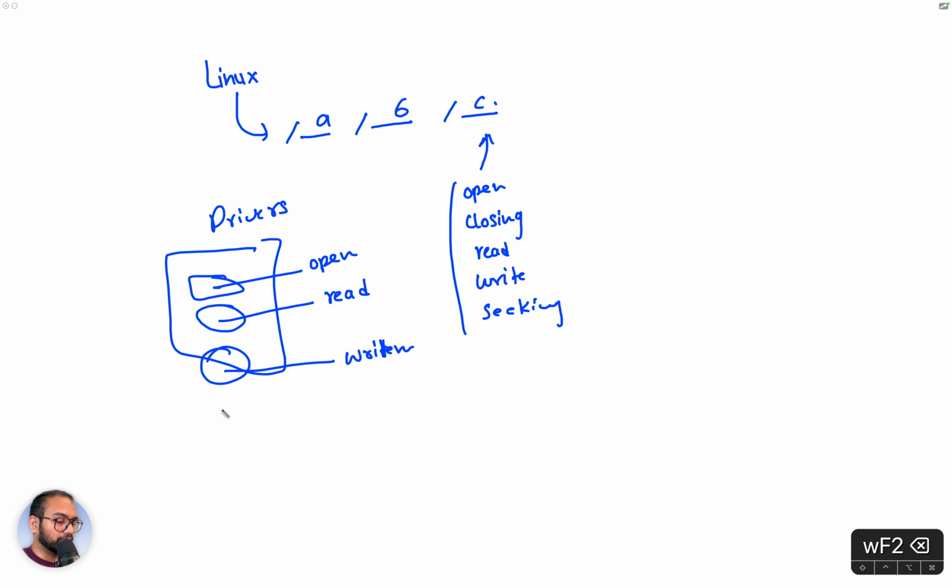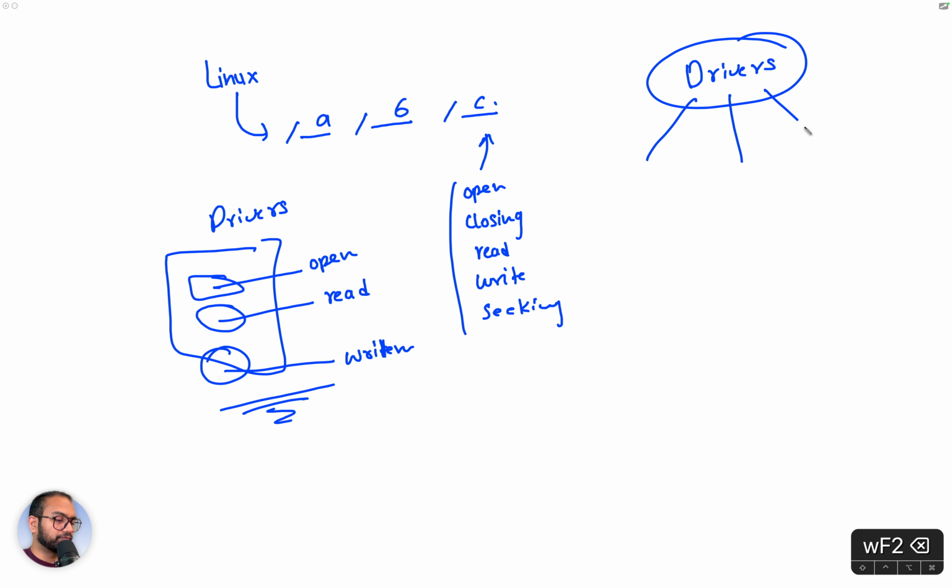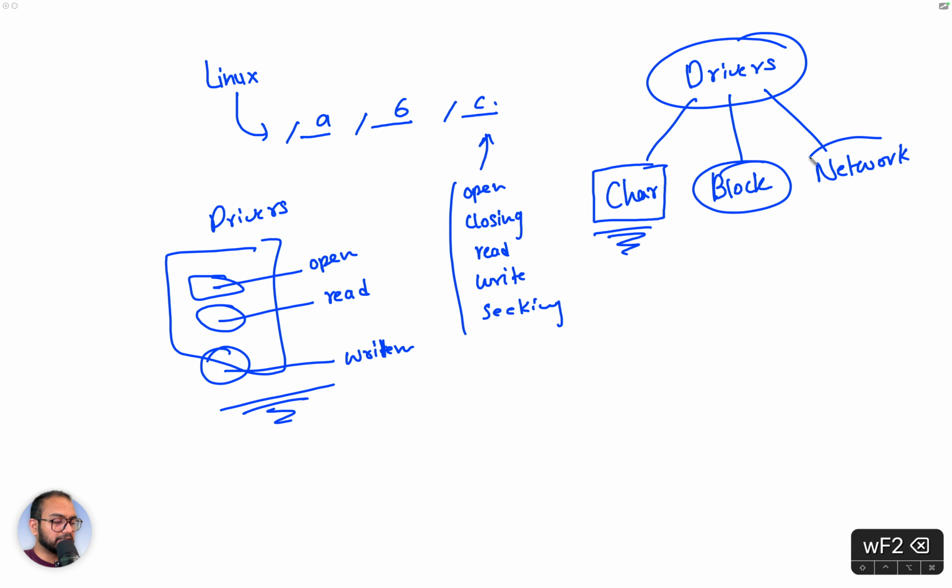So that is one thing. And now the other thing is that drivers can be of majorly three types. One is called the character driver, the other one is called the block driver, and the third one is called the network driver. We are specifically going to take a look at the character driver, because once we know how to write character drivers, it becomes easy to write the block and the network drivers.